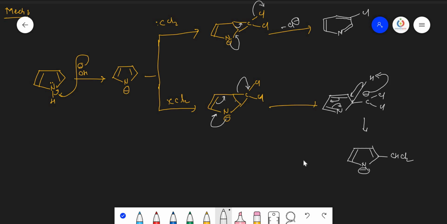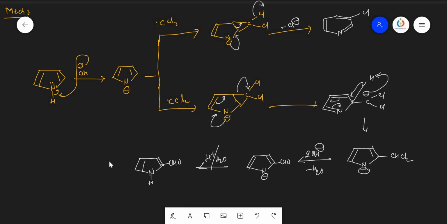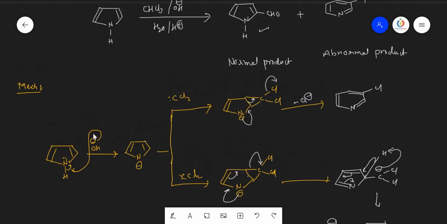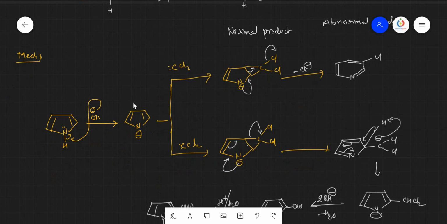Here negative charge. Now 2 OH minus and loss of water molecule. CHO. Now protonation, H plus, H2O. Okay, this is the product. So this reaction is so important for you. This is the abnormal product. It was asked many times in previous examinations also.